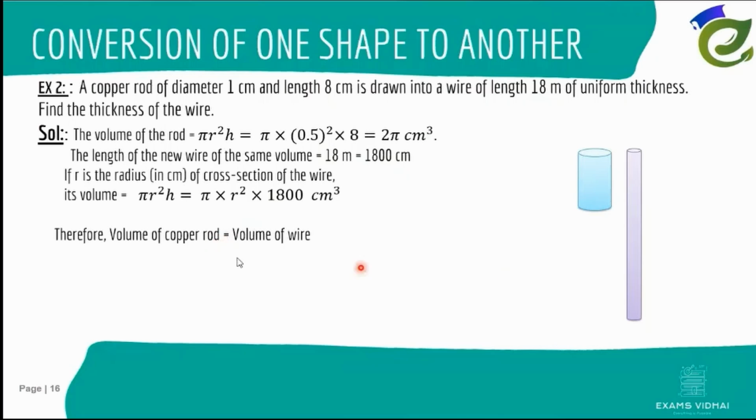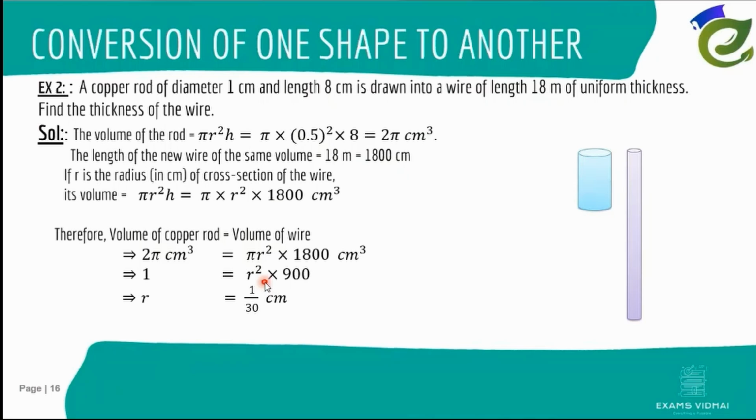Therefore, we know that the volume of the rod is the same as the volume of the wire, that is 2 pi equals pi r square into 1800. So we cancel pi and, simplifying it further, we get r as 1 by 30 centimeter.